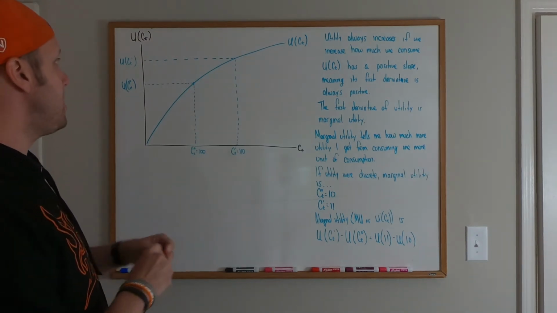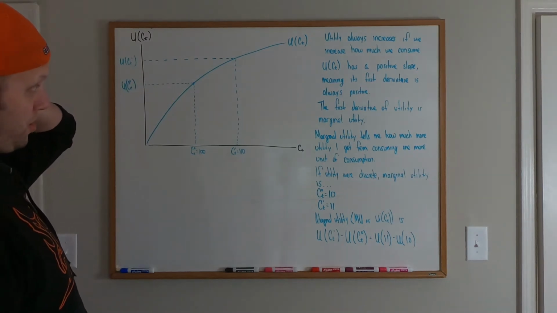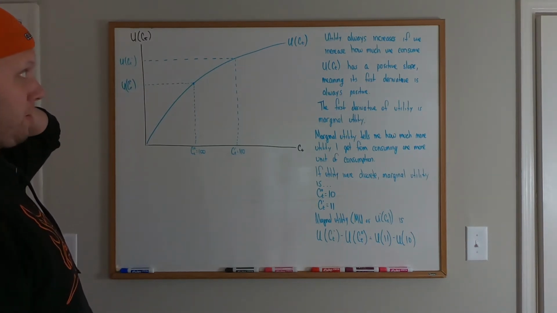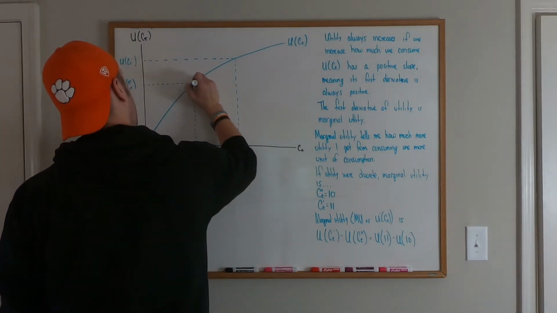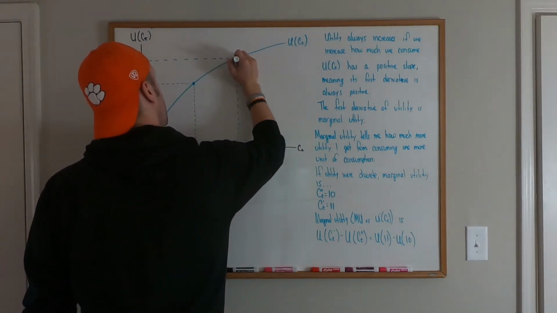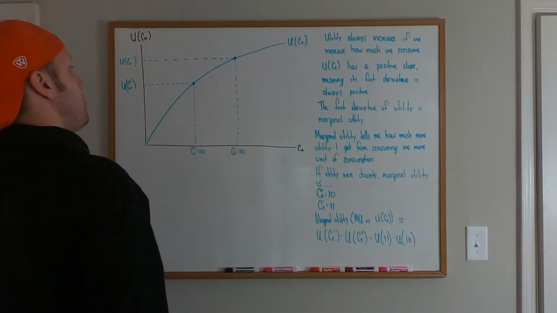But if we look at u of CT here, we can figure out what marginal utility is, but we're not seeing it explicitly. We have to go, okay, well, what's the utility at this point? What's the utility at this point? And we have to find what the difference is between them.